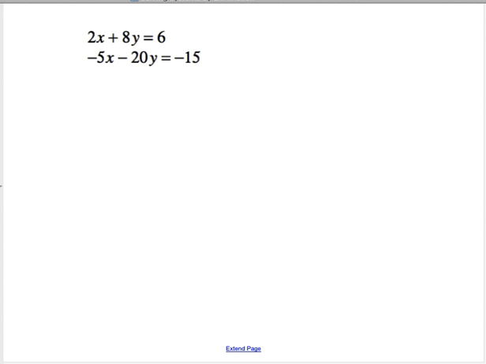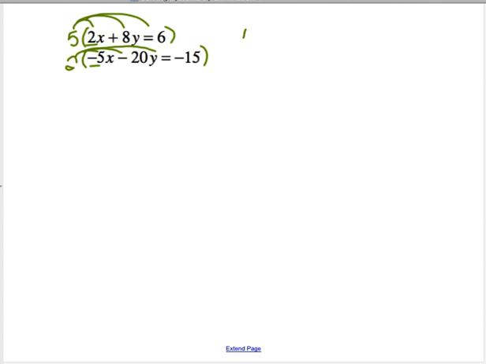I'm going to eliminate my x's. And in doing so, I need to get my coefficients to be the exact same number, opposite signs. I know that for 2 and 5, to get them to be the same number, that's going to be 10. So to make that coefficient a 10, I'm going to multiply this by 5. And I am going to multiply this equation by 2.